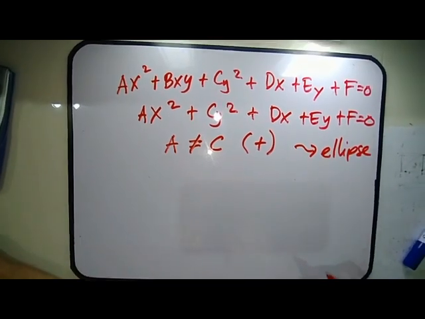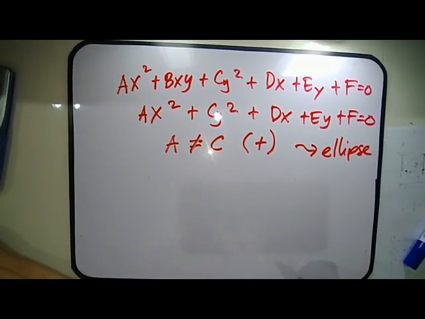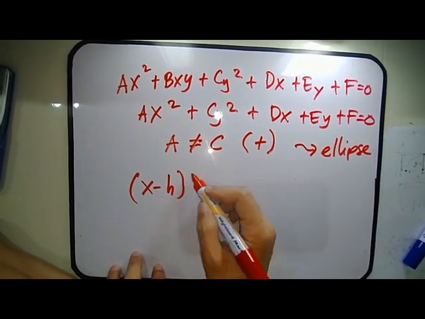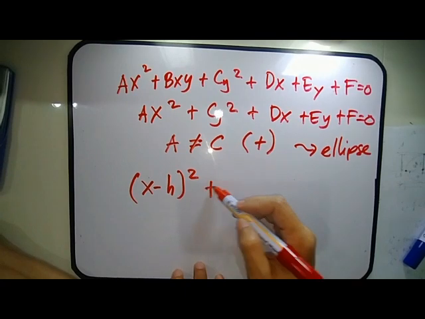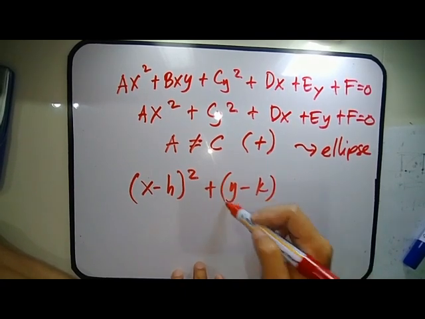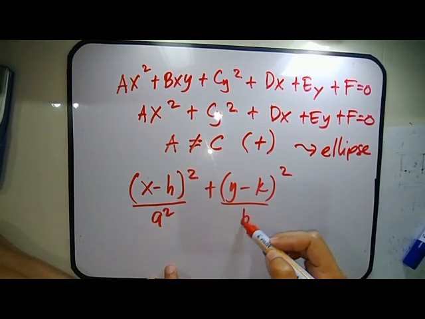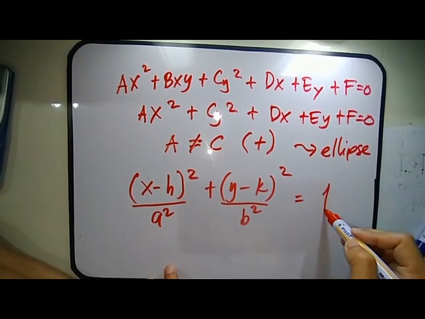And what is the general equation of an ellipse? We have here (x minus h) squared over a squared plus (y minus k) squared over b squared equals 1.